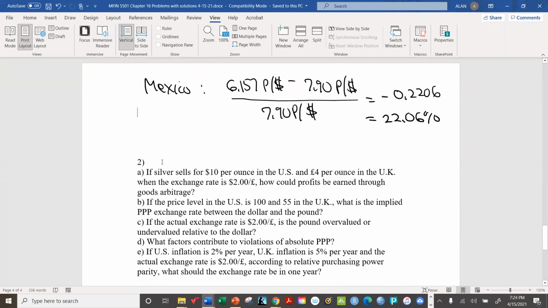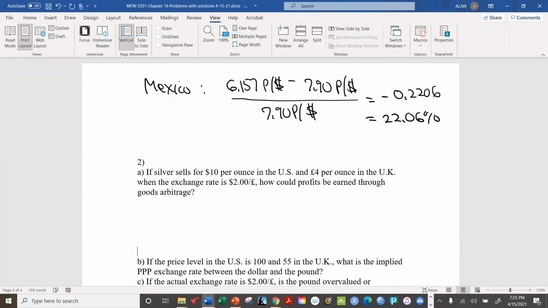All right, so finally that's over. Now let's take a look at some of these other ones. So in this one, silver sells for $10 per ounce in the US. And in the UK, £4 per ounce.